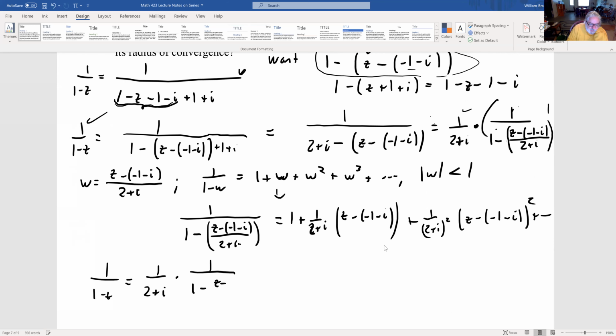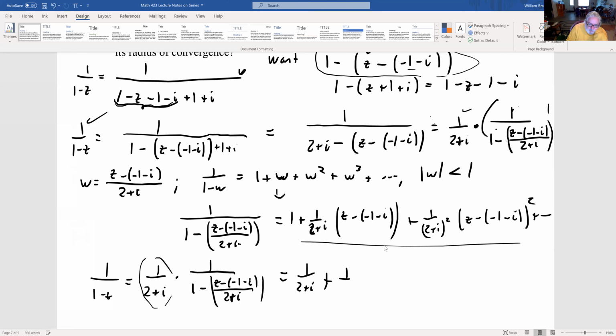And taking the 1 over 2 plus i and multiplying it through this, we get 1 over 2 plus i, plus 1 over 2 plus i squared times z minus the center, plus 1 over 2 plus i cubed times z minus the center squared, et cetera.